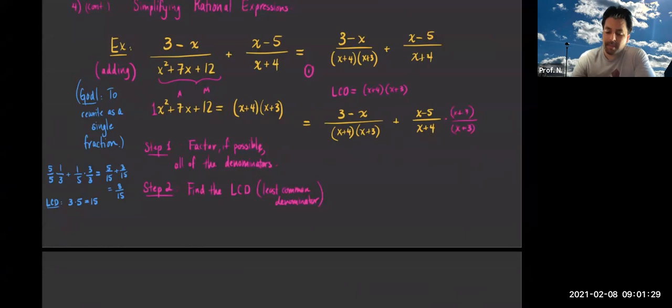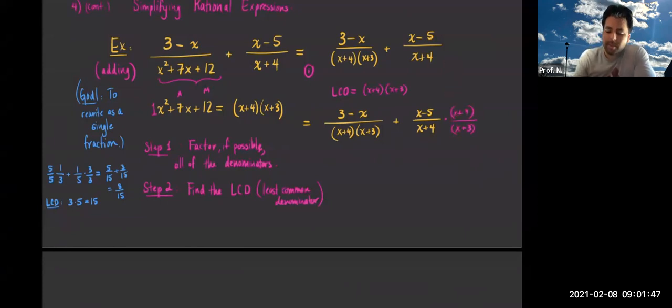Now, some people may be tempted to say, oh, the x plus 3 cancel out. No, we can't. Why not? Because then it undoes what we're trying to do. We go back to square one. We're not trying to do that.